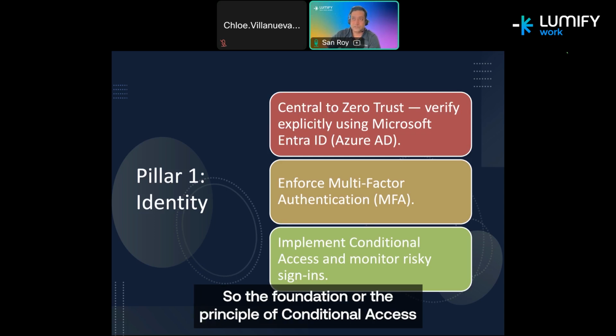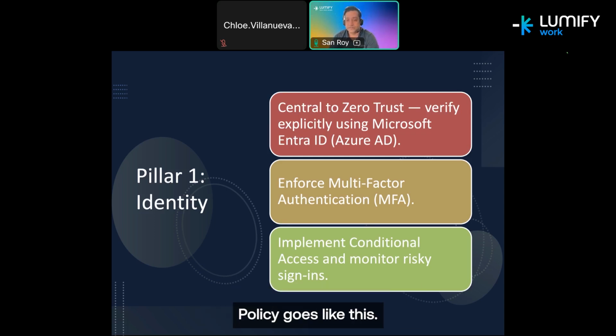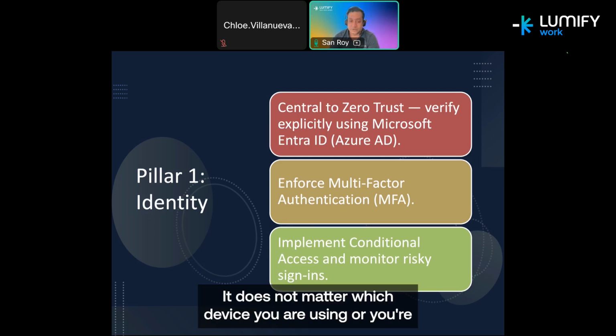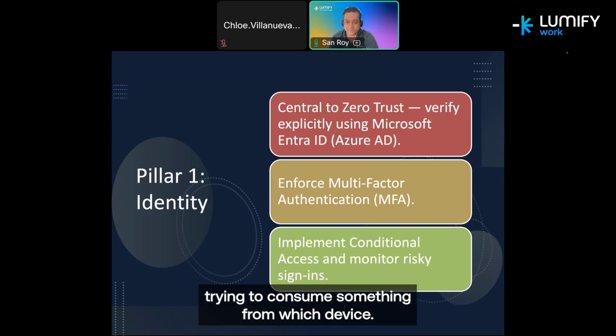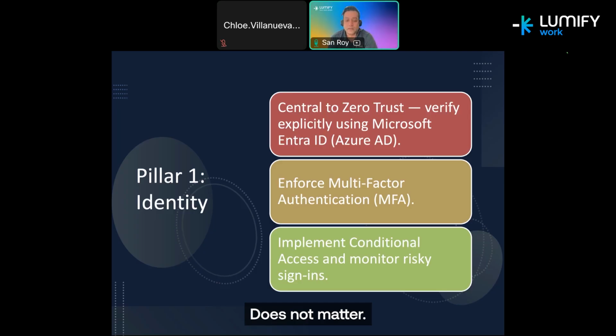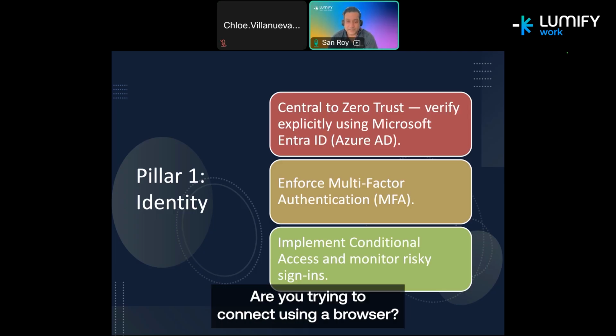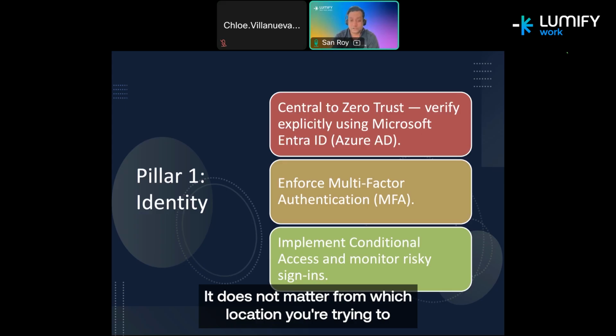So the foundation or the principle of conditional access policy goes like this. It does not matter which device you're using to consume something, and how you're connecting does not matter. Are you trying to connect using a browser? From your phone? From your PC using an app? It does not matter. It does not matter from which location you're trying to connect.